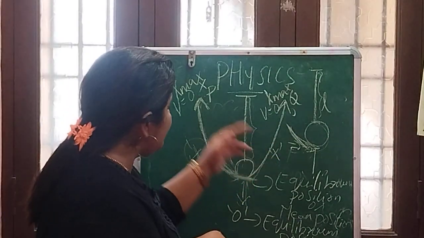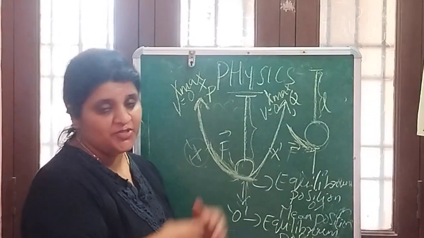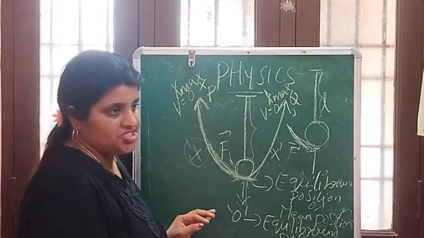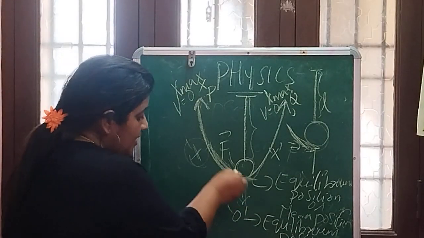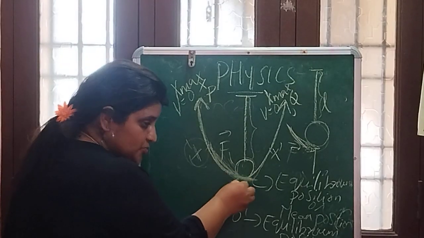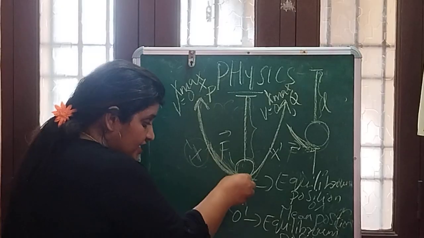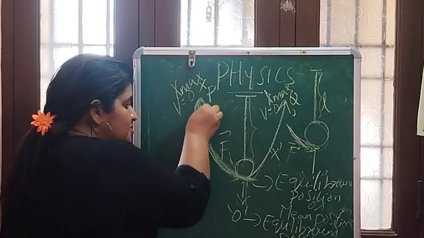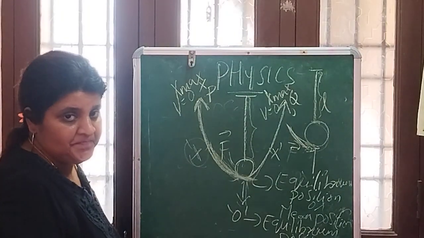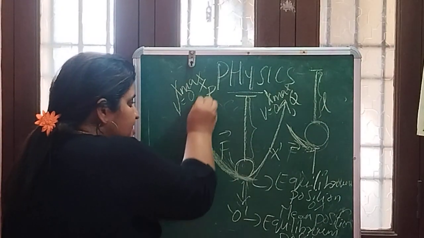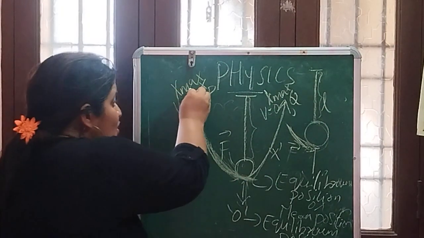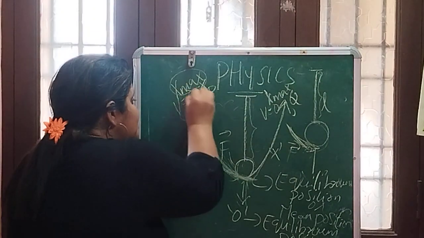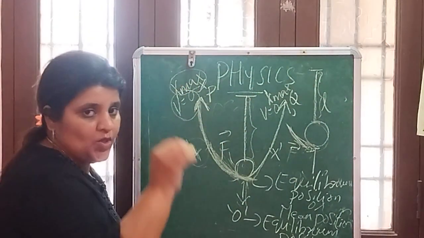Now, why are we calling P and Q the extreme positions? Because here, by applying an external force on this bob of mass m, we took the bob from the equilibrium position to the extreme position P with displacement x. At this extreme position P, the displacement of the bob will be maximum, and the final velocity of the bob will become 0.